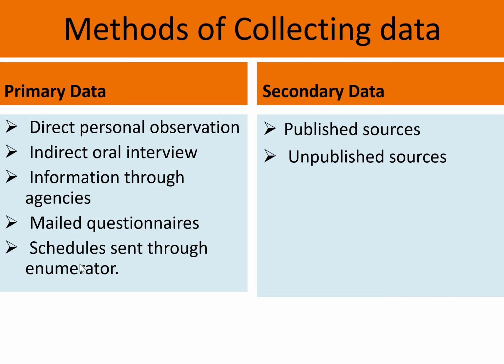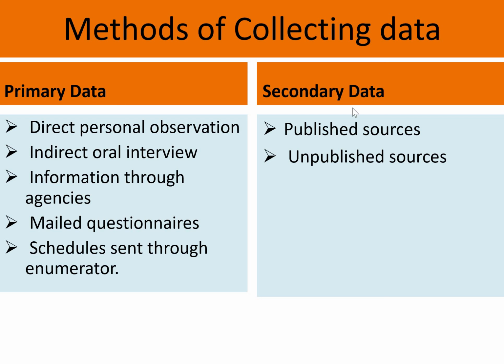In this method, the trained investigator collects the data through enumerators. Enumerators contact the informants and collect the information, which is called the scheduled method. A schedule is a list of questions where the facts are supplied by the informants and recorded by the enumerator.